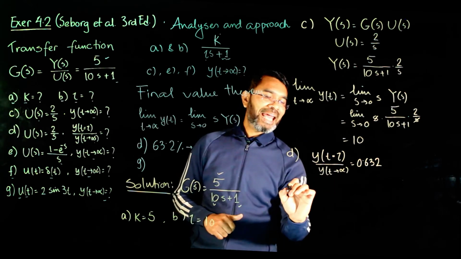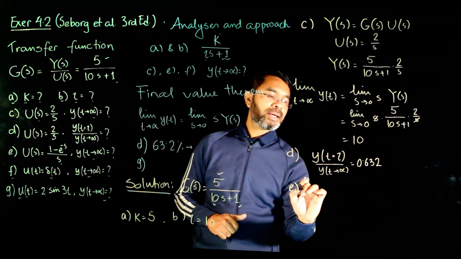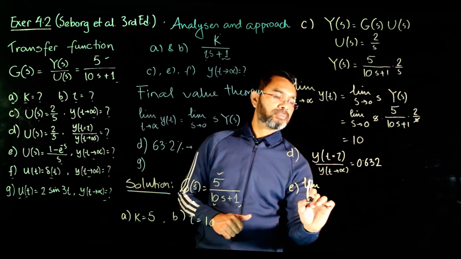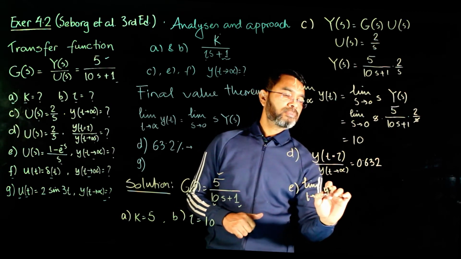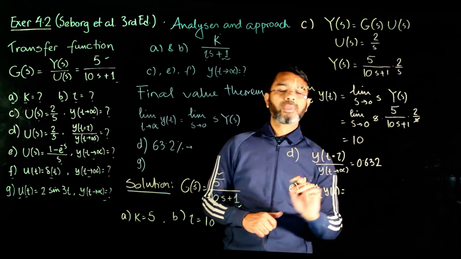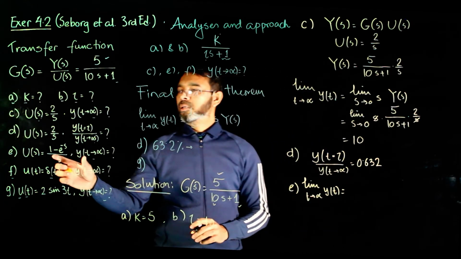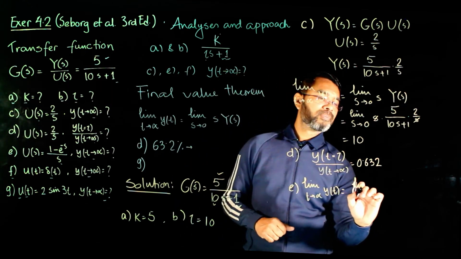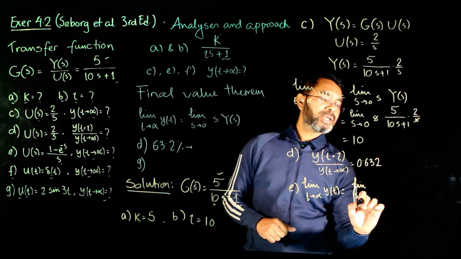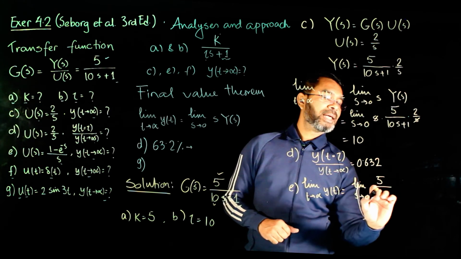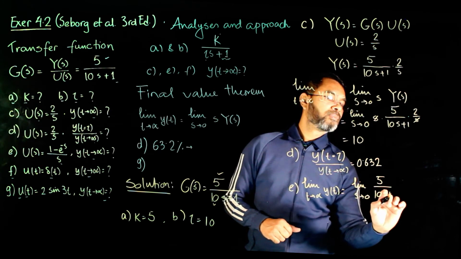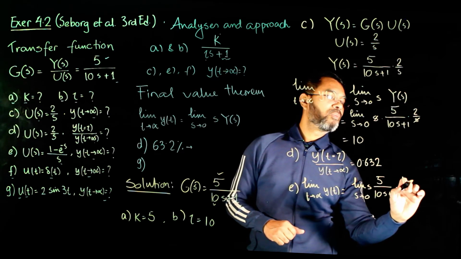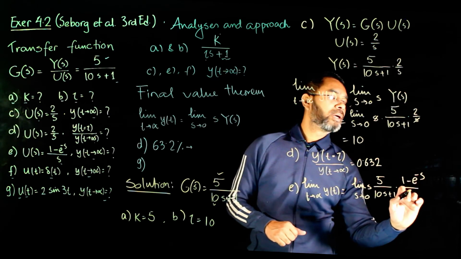Now for part E again, we'll use the same final value theorem. For our case, we have limit s goes to 0 of s times 5 over 10s plus 1, times the input, 1 minus e to the negative s over s.